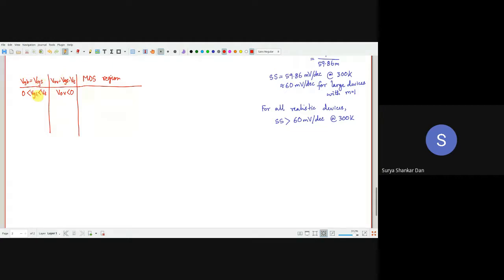Obviously, when VGS itself is lesser than VT, then VOV will be less than 0. This is the region where we used to call it cutoff, but I will cut this and write subthreshold. This is the region we have to concentrate on now.